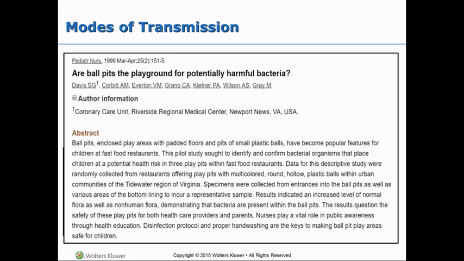Here is a study that was done in 1999 by registered nurses at Riverside Regional Medical Center in Newport News that suggested that non-human bacteria are present in these pits, which raised the question about the safety of these play pits. Now, how many ball pits do you see in children's play areas? This is a great example of how nurses can intervene in the transmission of infectious diseases.